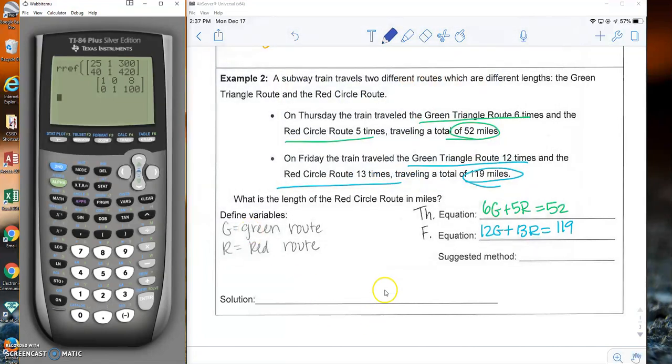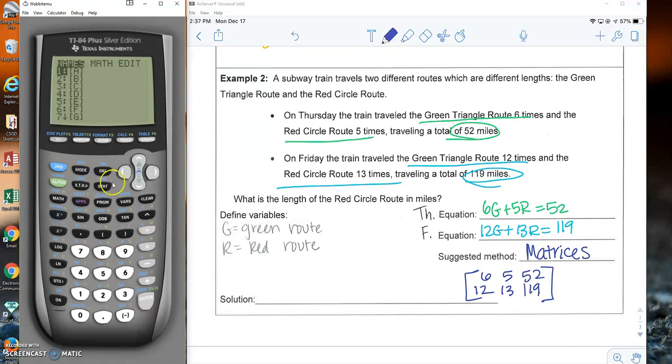So my suggested method here, again, is going to be matrices because I have G's lined up, R's lined up, and equals answers. So again, suggested answer is going to be matrices because it's all lined up for that. So I have 6, 5, 52, 12, 13, 119. So I'm going to plug that in.